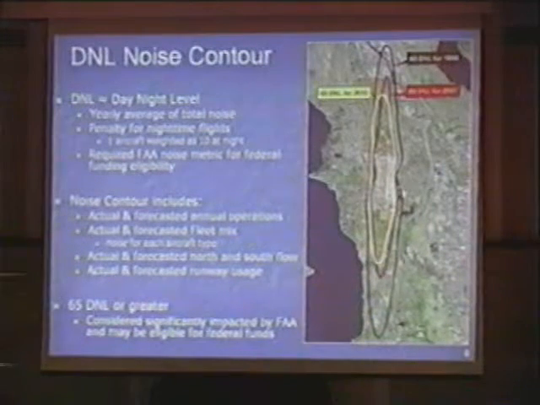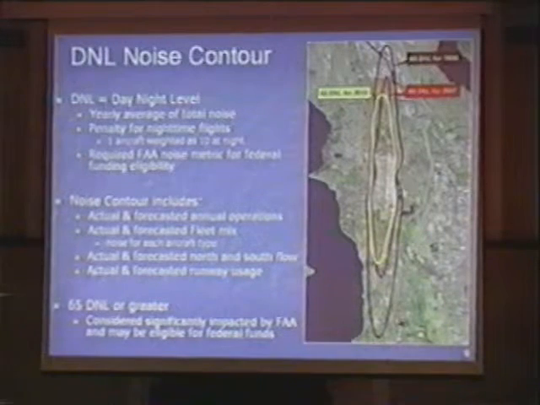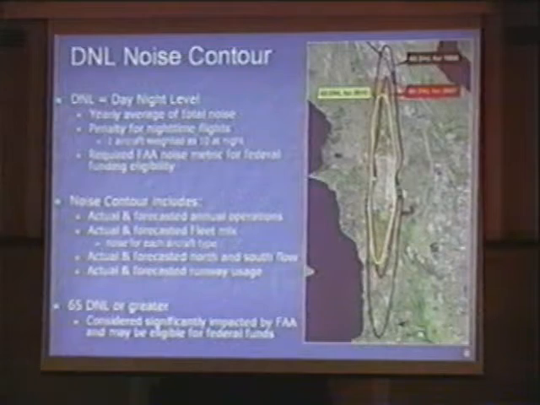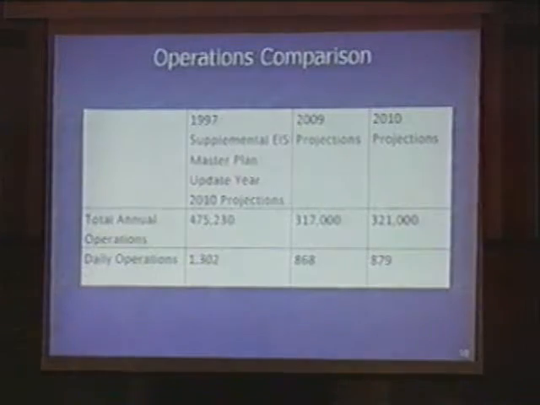We had a relatively smaller contour. So when we forecasted into the future, looking at what the 2010 contour would be, we found out that contour is a little bit shorter, but we had some increased noise on the west side simply for the third runway, since we knew that was going to be in operation at the time.